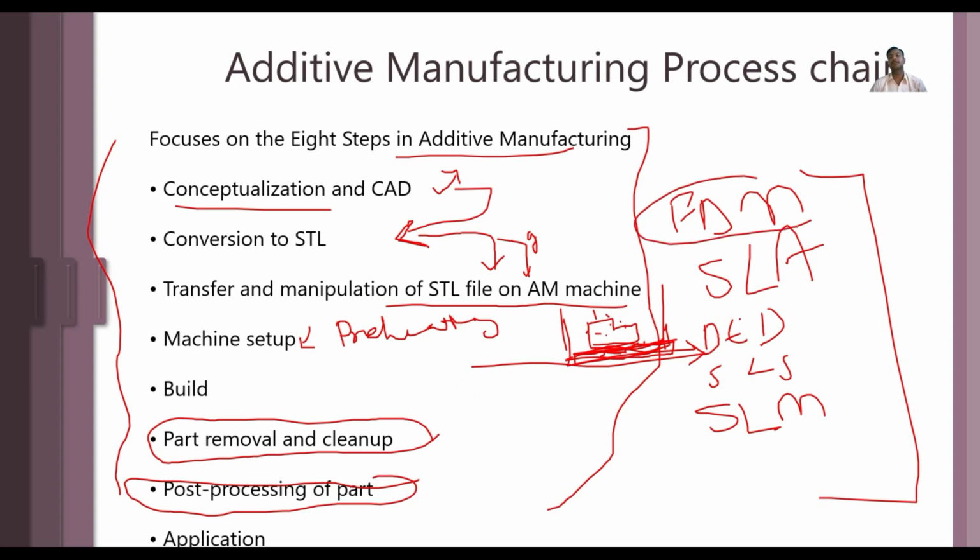For example, in FDM they heat up to a certain temperature, like 360 degrees centigrade. Once it is preheated, the ABS or PLA material will start to form layer by layer in a proper manner.